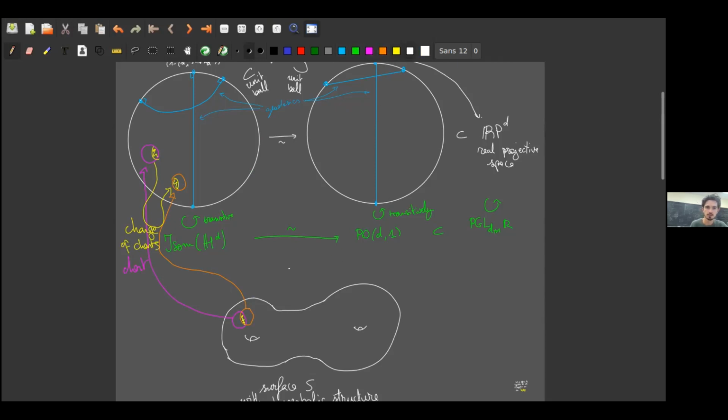Another way to describe a hyperbolic structure on the surface is by using the universal cover. It's giving a developing map that is equivariant with respect to a certain representation of the fundamental group, rho into PO(d,1), called the holonomy representation.